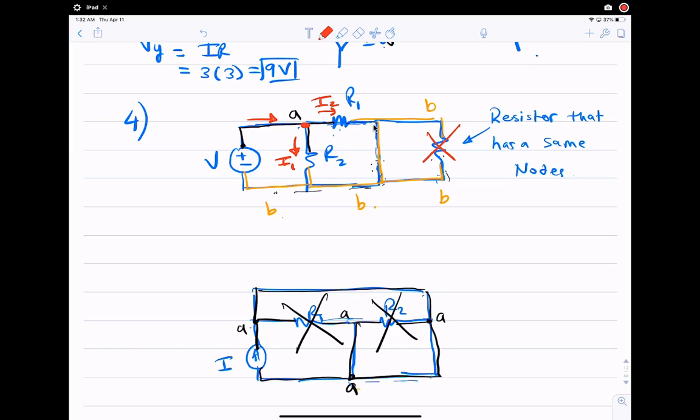So all of this, the one in orange, is called node B. Now, since this resistor has the same node, any resistor that has the same node, BB, you can erase that resistor from the circuit. Okay?